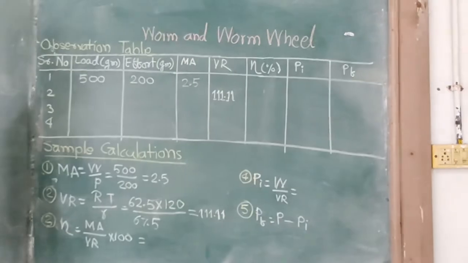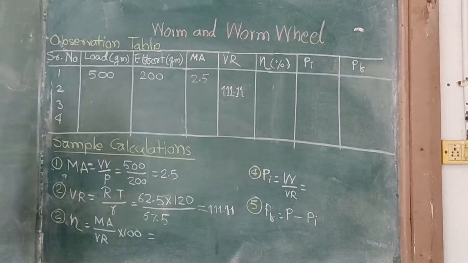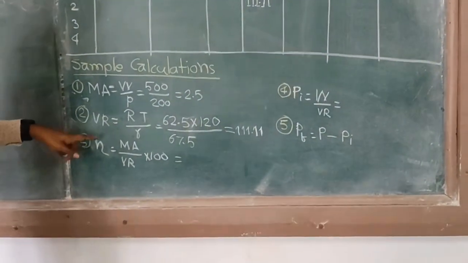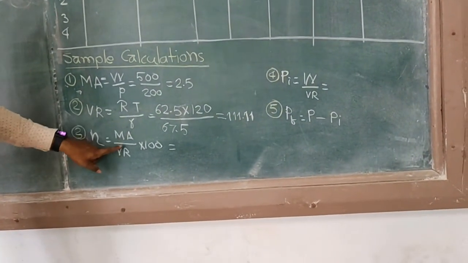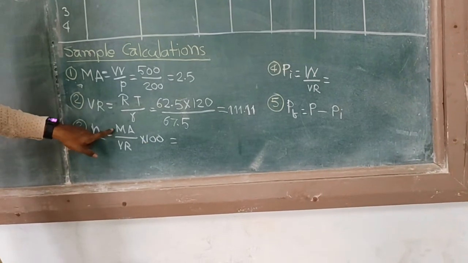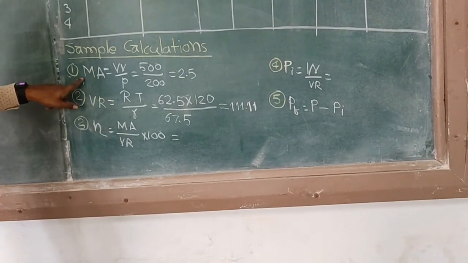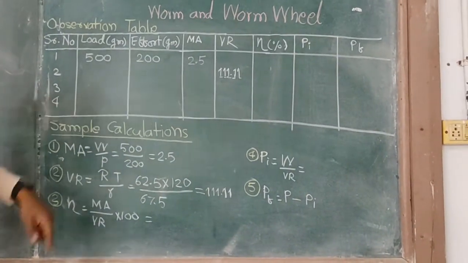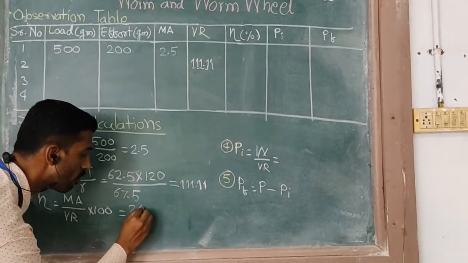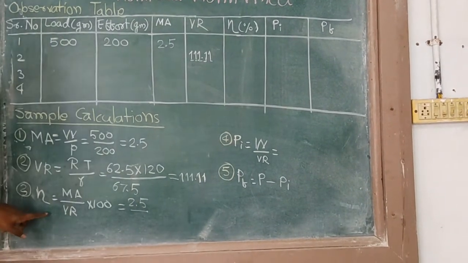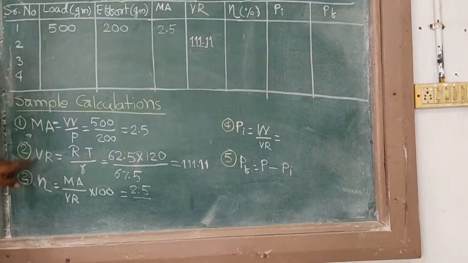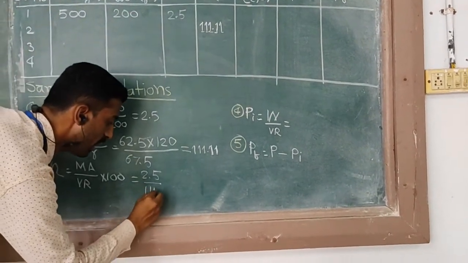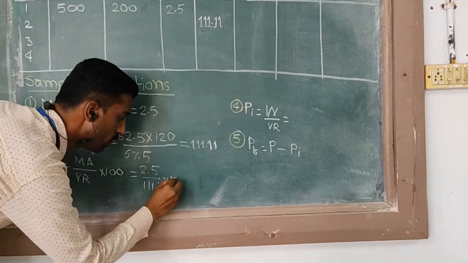Now move forward for the calculation of efficiency. So we know that the formula of the efficiency is MA upon VR into 100. For the first reading, the MA value is calculated, that is 2.5, and the VR value is also calculated, that is 111.11, into 100.